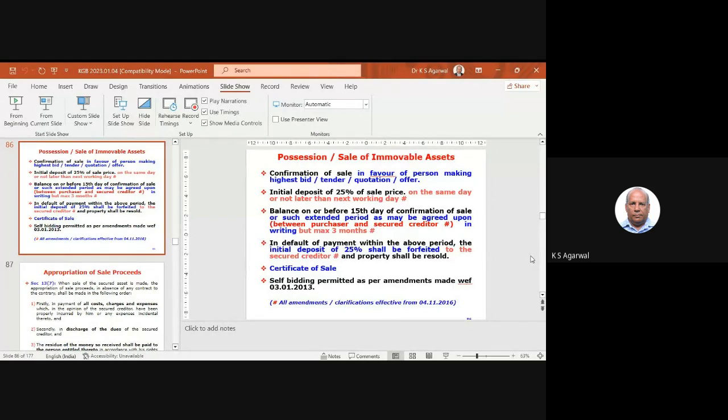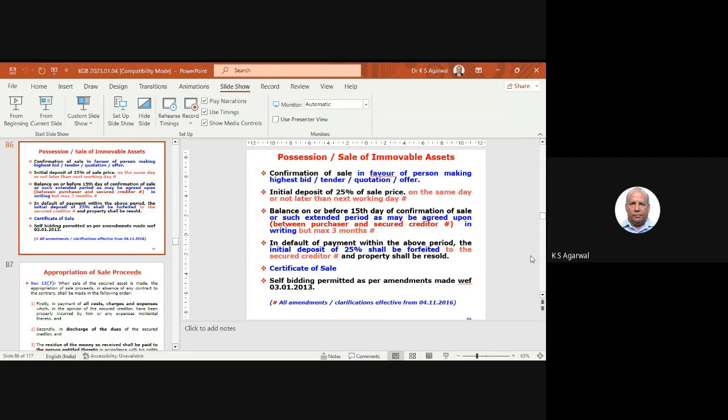So the government in 2016 removed the word parties and said agreed upon between purchaser and secured creditor. The bank and the purchaser, the bidder, they will agree what extension is required. The owner of the property whose property is sold, his consent is irrelevant.